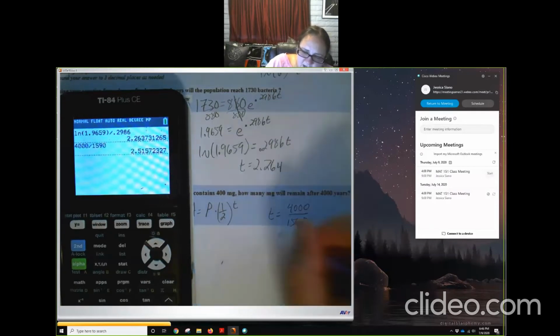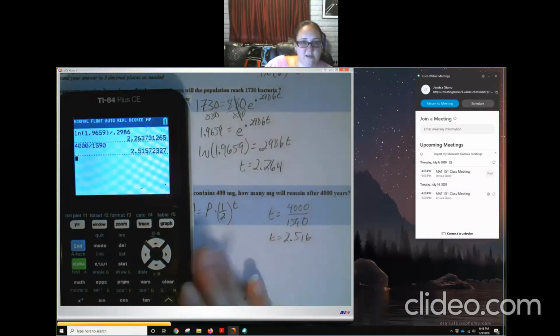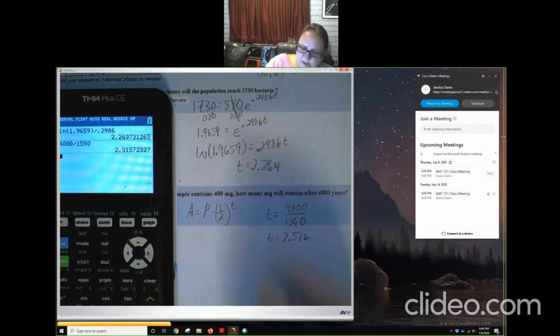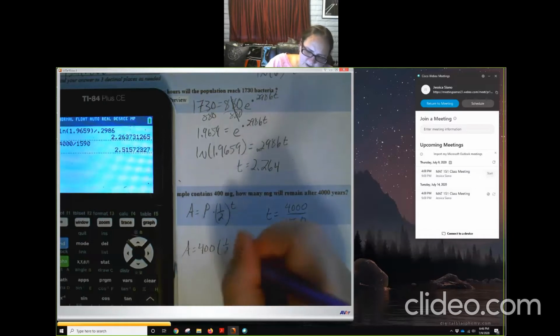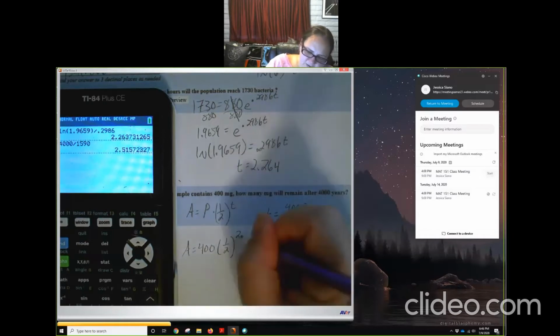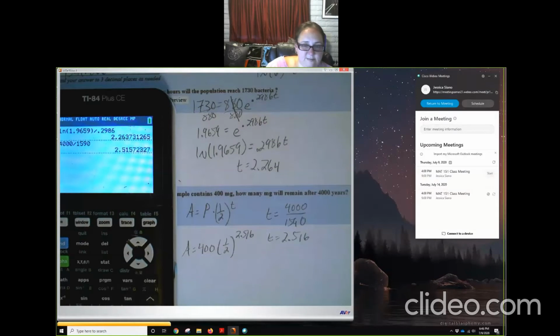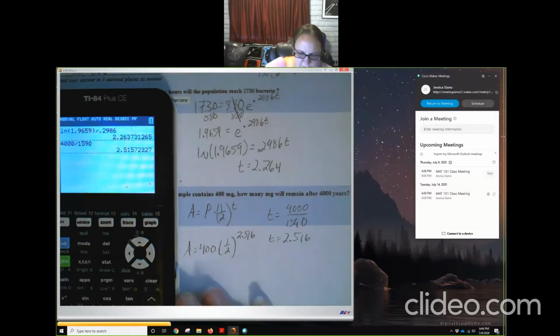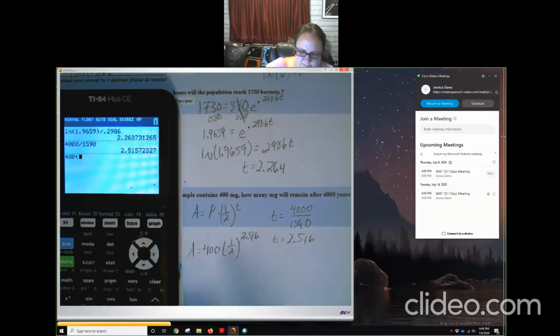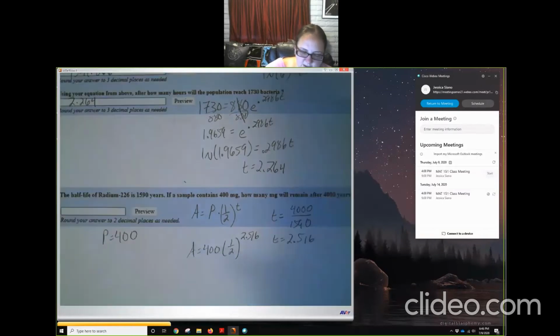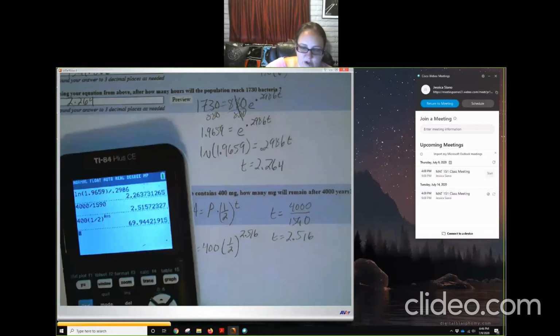So then we're at 2.516 for T. So then here we have 400 times 1/2 to the 2.516. So we would have 69.94 grams left.